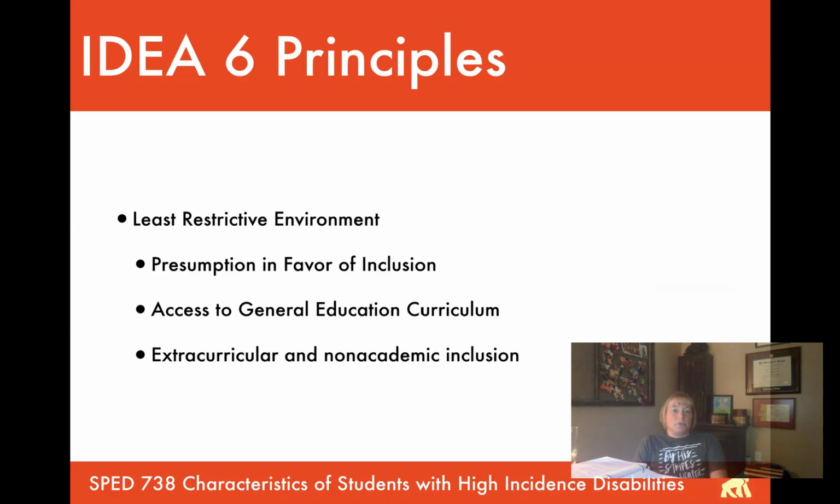The next principle is least restrictive environment. And this is important for a number of reasons. First of all, having that presumption in favor of inclusion makes sure that we are ensuring access to the general ed curriculum. Okay? This is also contributing to the student not falling further behind.